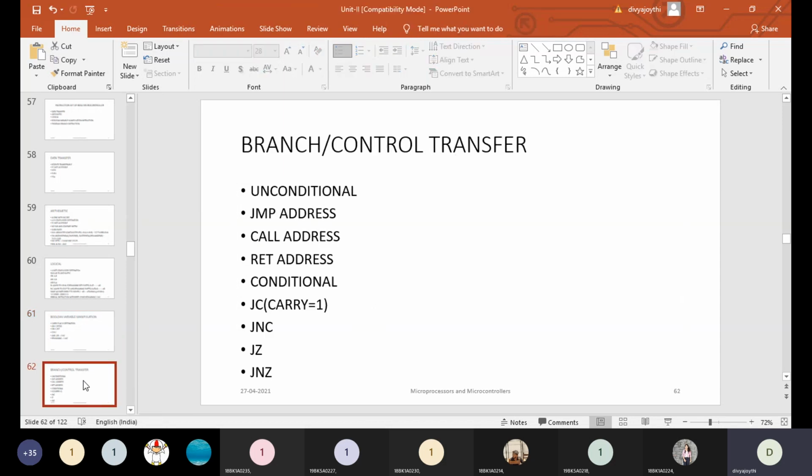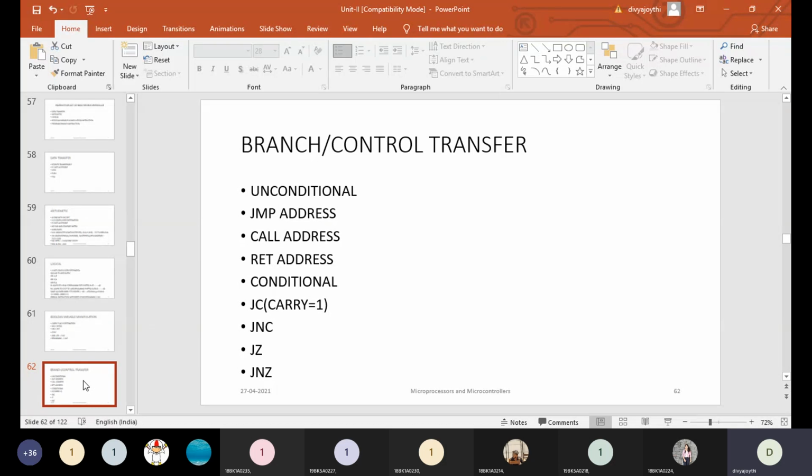And the last instruction set of the 8051 microcontroller is the branch or control transfer instruction. We have discussed this branch or control transfer even in 8086 microprocessor also. So these will be two types, conditional and unconditional. Control transfer, the name itself is saying that whenever the program is executing the lines of program, the sequence is going to be disturbed.